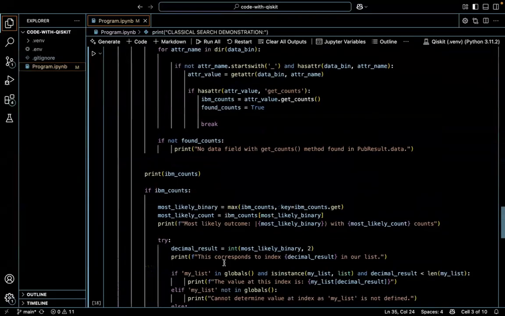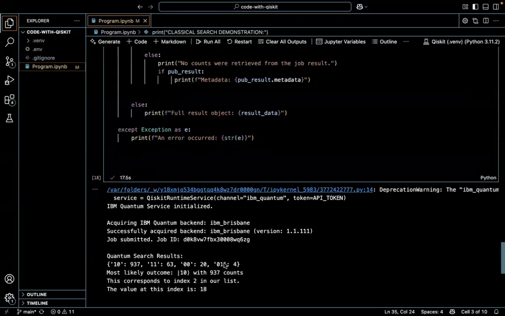So in the output, we can see that for our quantum search result, state 10 has appeared 937 times. That's about 91% probability, which is the highest. So the binary value 10 corresponds to decimal 2, which is the index containing our target value 18.